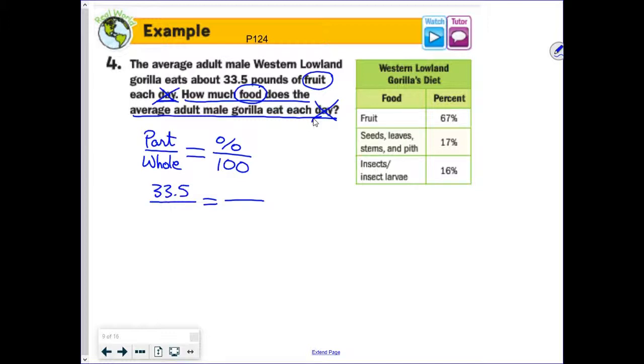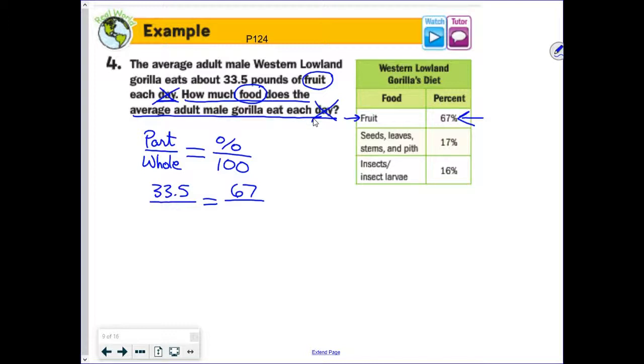Then I go, okay, there's no more numbers over here, so maybe I need to look over here at this table. I can see that fruit is listed in the table and that fruit has a percent next to it. Well, since the part and the percent have to represent same things because they're both on top of my proportion, I'm going to put the 67% over here where the percent goes because it is the same as the fruit.